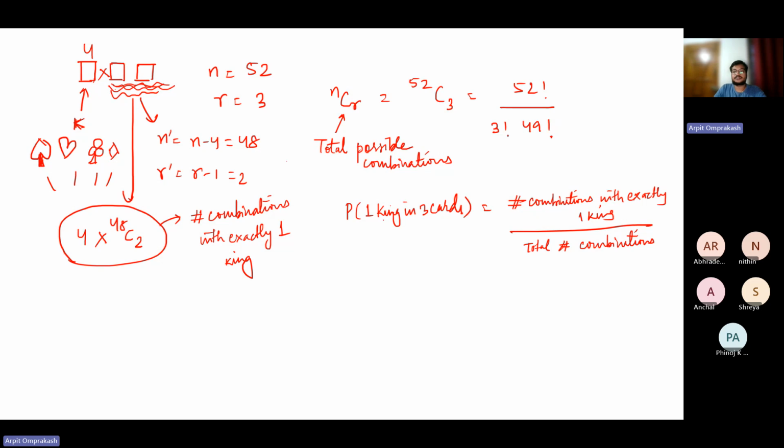Okay. So now we'll substitute these values into this.